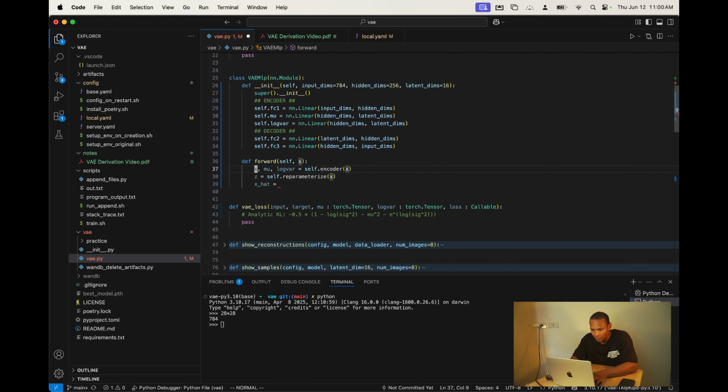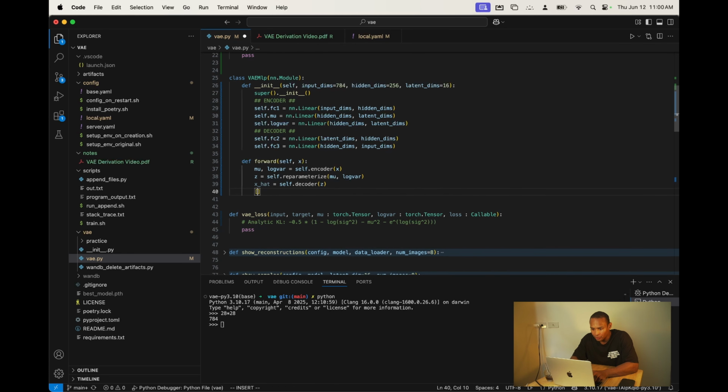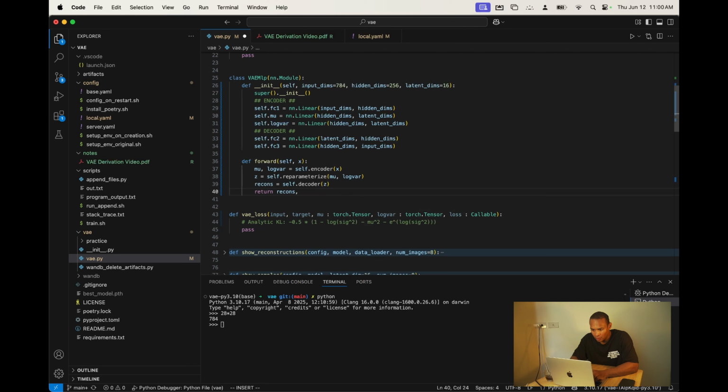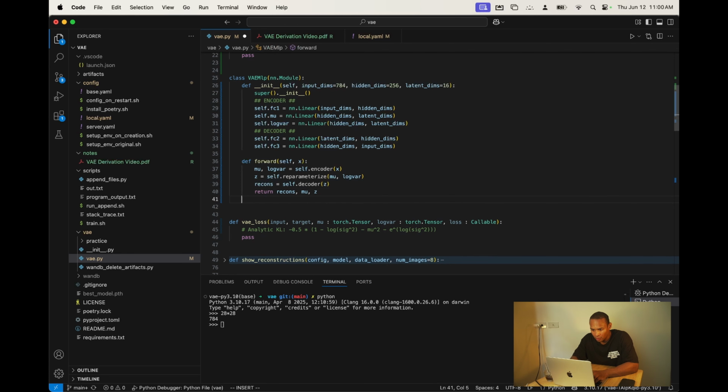So our encoder is going to output mu and sigma. We pass this into reparameterize. That gives us our latent z. And then we send z through the decoder, and that gives us our reconstruction. We're going to return the reconstruction, mu, and z.